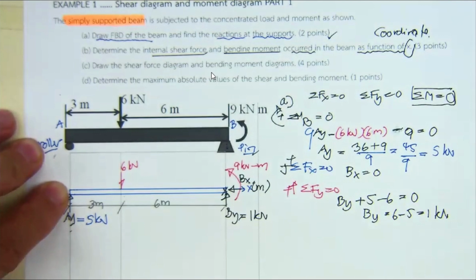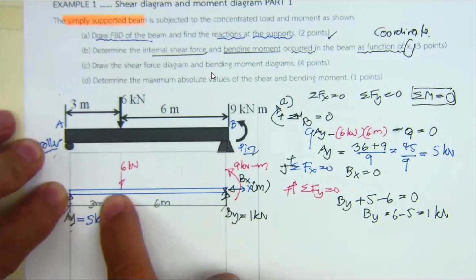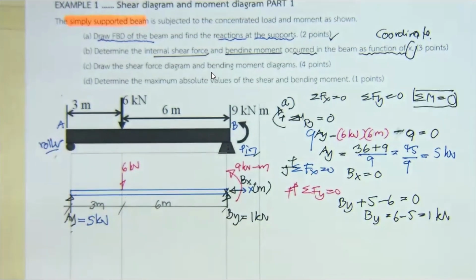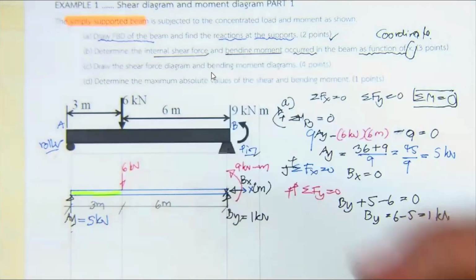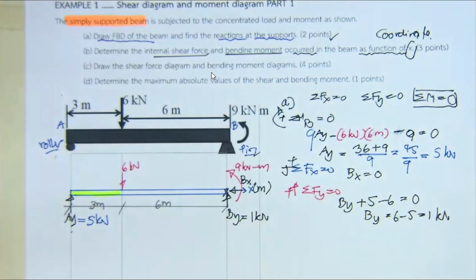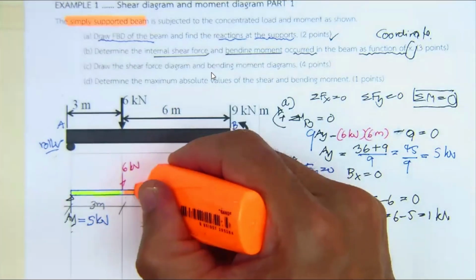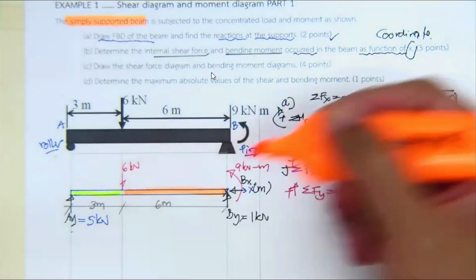The problem is the beam separates into 2 segments. One is going to be this segment, from A to the 6 kilonewton load. And then you have another segment from the 6 kilonewton load up until this one.